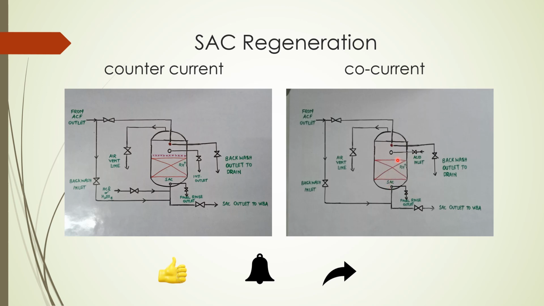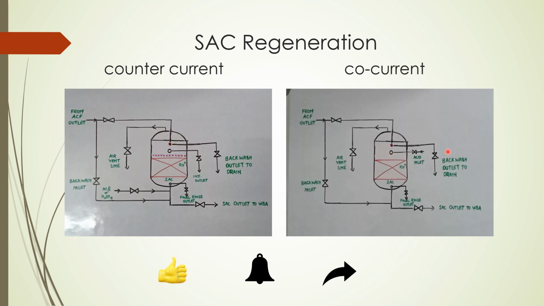For every regeneration, the first step is backwash, bottom to top, through the backwash outlet. After loosening the bed, whatever suspended or foreign material or fines present in the bed will be removed by means of backwash. Then it is followed by 5% HCl or 3 to 3.5% sulfuric acid from top to bottom, and the regenerant is taken out through the drain line.